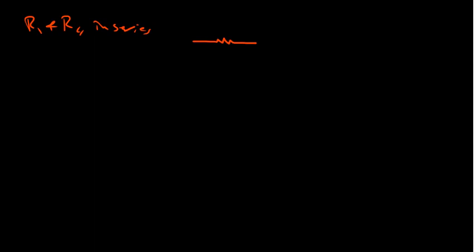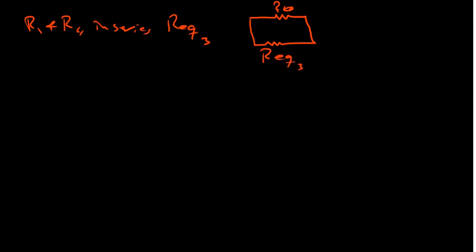Let's just take this off a bit, and I will call it R equivalent 3. Still I have my R6 here, and I will have a new one, the equivalent, R equivalent 3. And I will not forget that I still have my R equivalent 2.